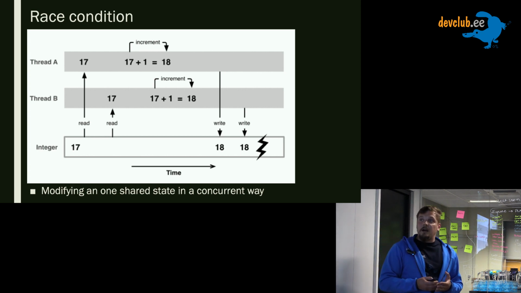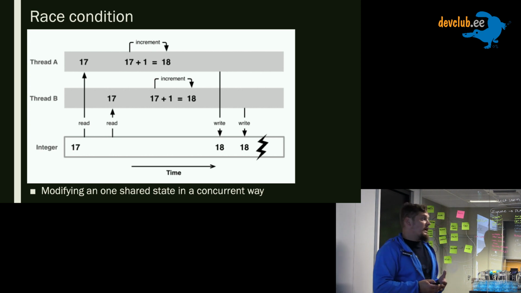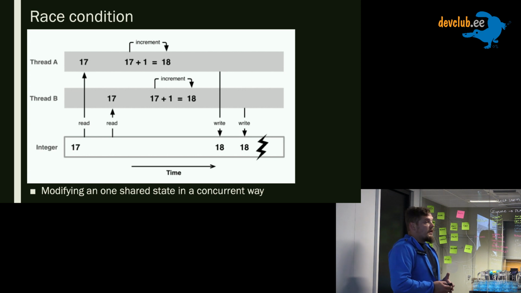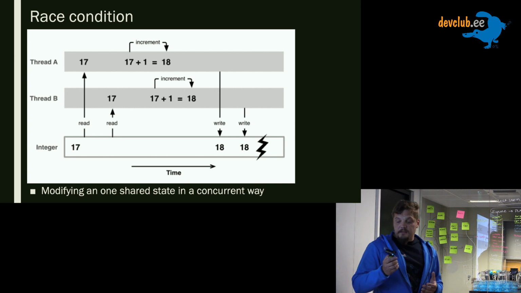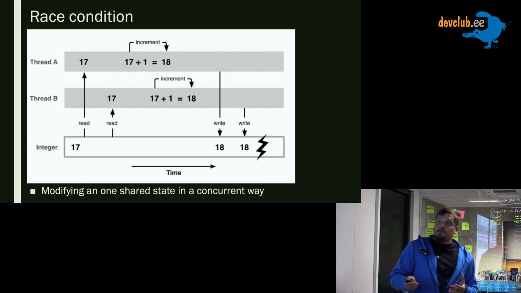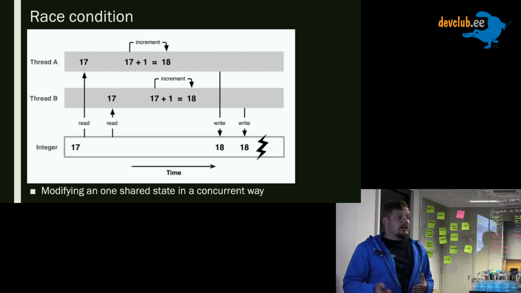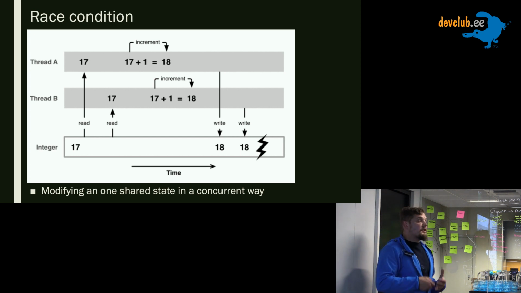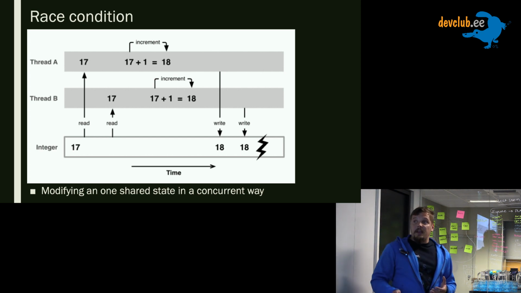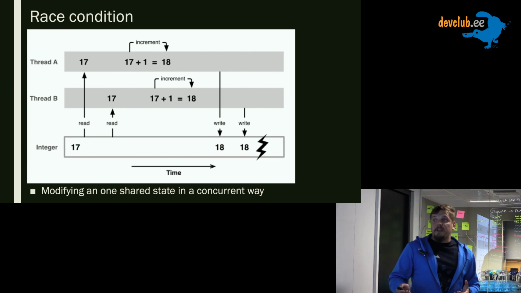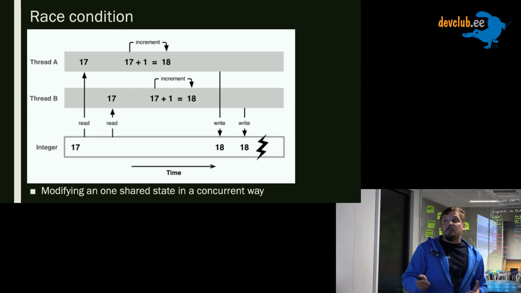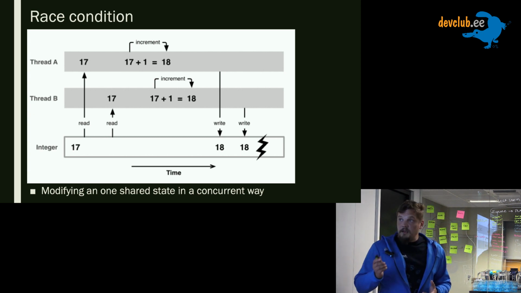If two or more threads want to change the same shared data, you can see wrong results. For example, imagine this is a web server which received a request, and for every request a counter of total requests should be increased. You can see that here we can receive a wrong result. Instead of 19, we will have 18.